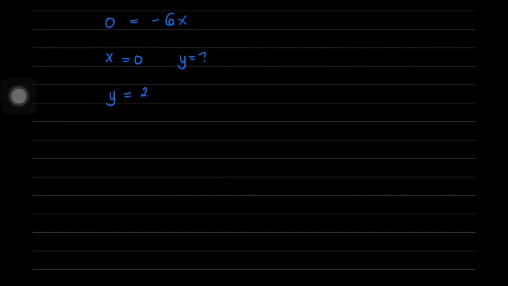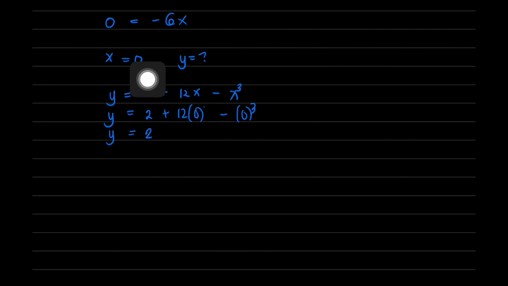So this would now be y equals 2 plus 12 multiplied by 0 minus 0 cubed, which is simply equal to 2. So if x is equal to 0, then y is equal to positive 2. So the point of inflection is now located at (0, 2).